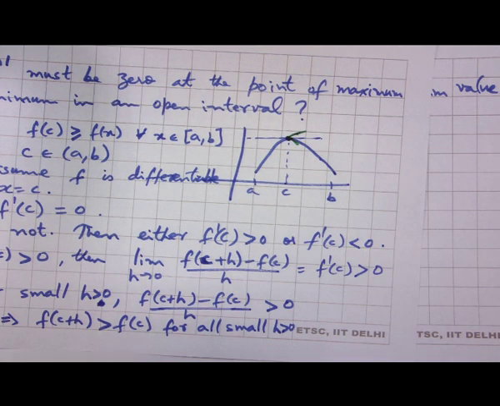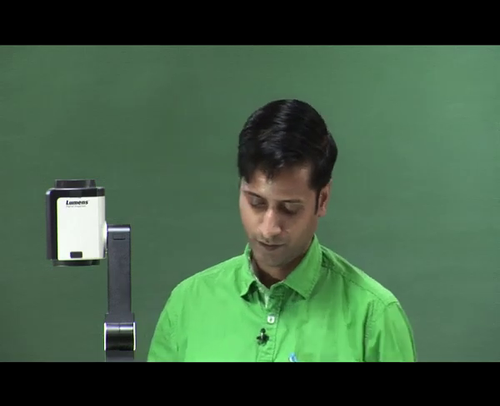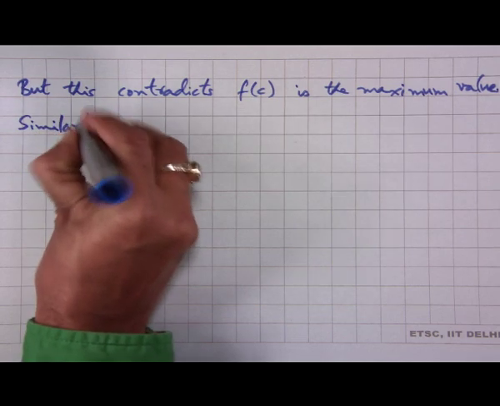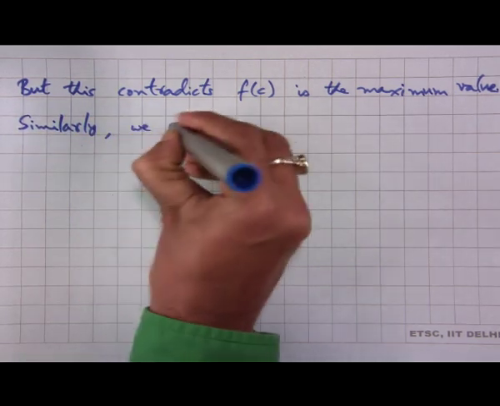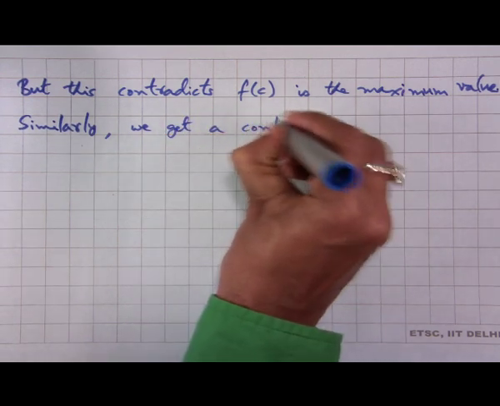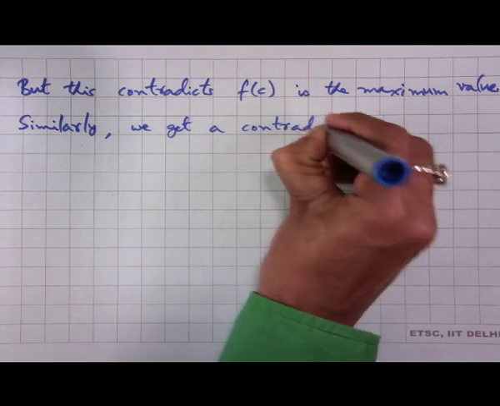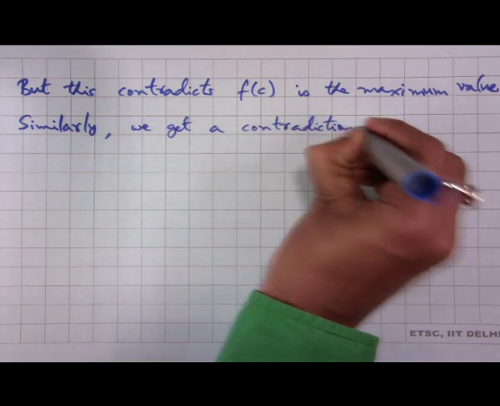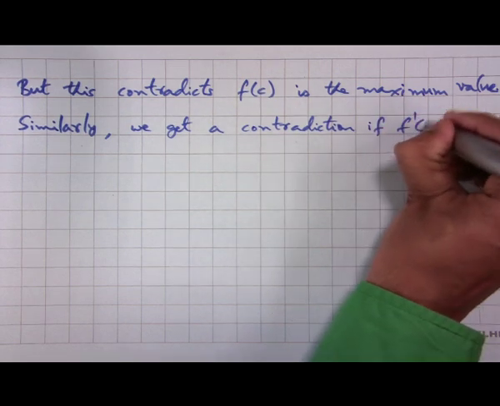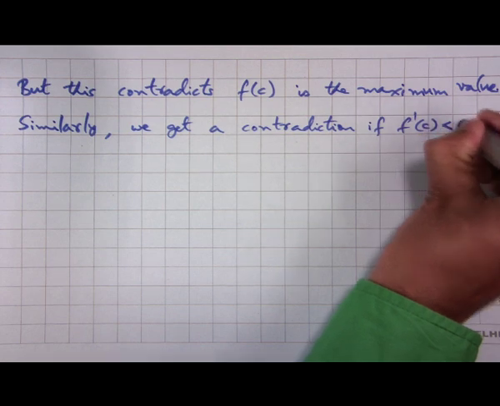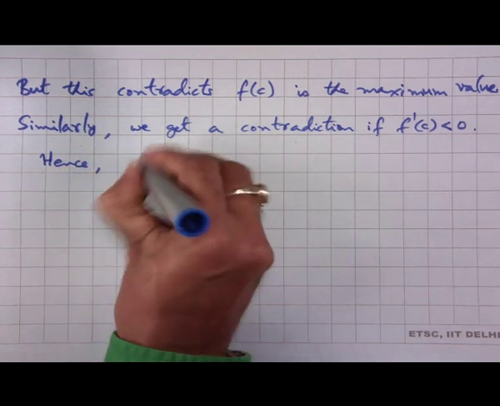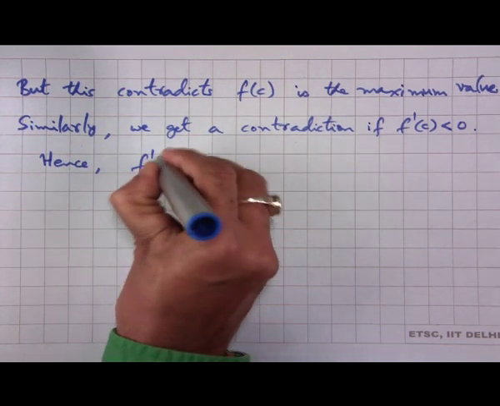So, similarly, we get a contradiction if f prime c is less than 0. Hence, f prime of c must be equal to 0.